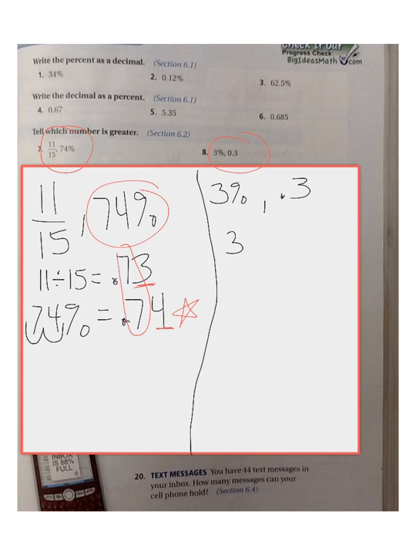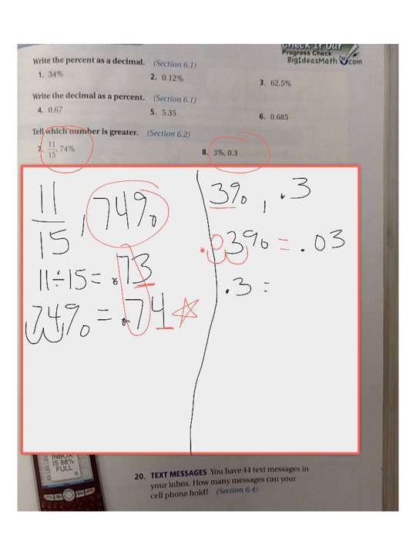So I have my 3%. In order to convert that to a decimal, I have to move my decimal place 2 to the left. So we have 1 and 2. And remember, if we have an empty space like that, we have to fill it with a 0. So 3% as a decimal is 0.03.